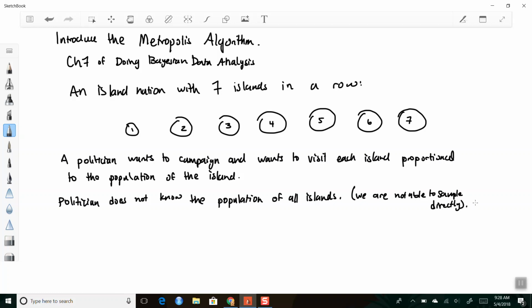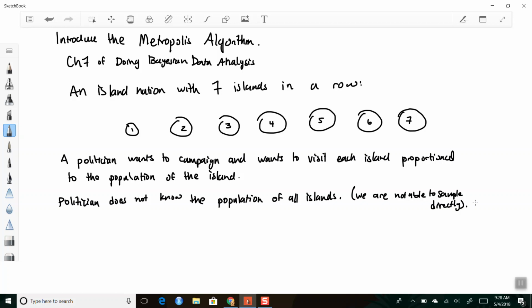Okay. But what the politician can do is call up an island, talk to the mayor of the, I don't know, king of the island, and say, what's the population of your island? And figure that out, okay?